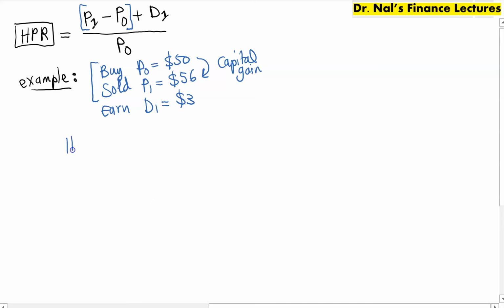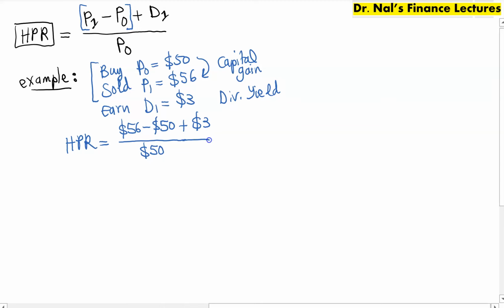Well, your rate of return for holding this security will be the following. Your initial investment was $50, so $50 will be in the denominator. Your capital gain is 56 minus 50, so you made $6 by holding the security. But at the same time, you also earned the dividend yield, so you add that dividend of $3 as well.